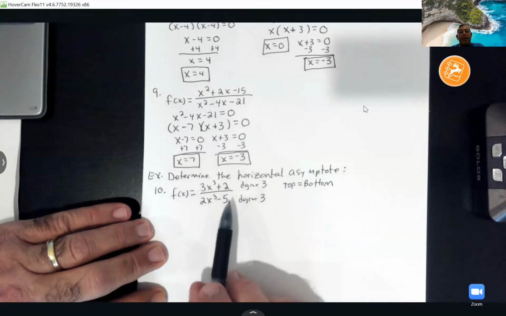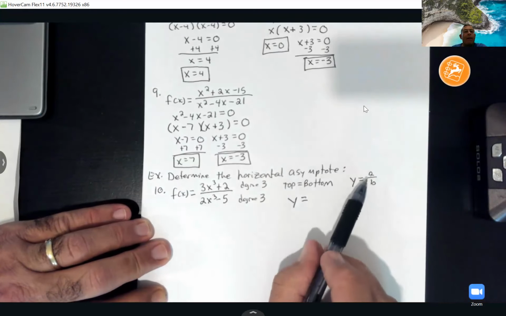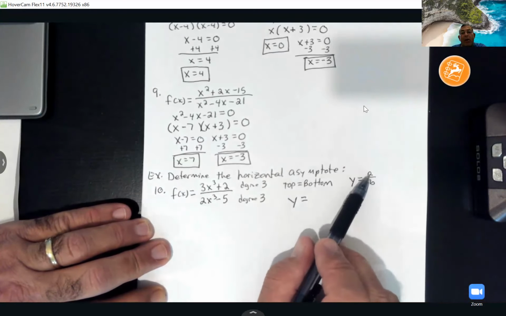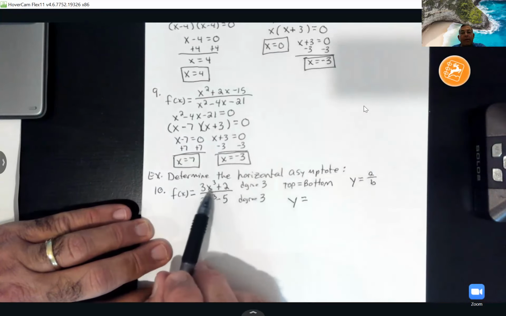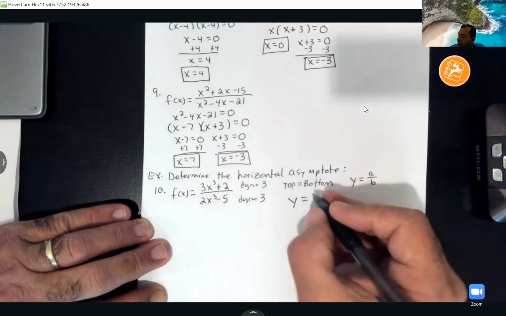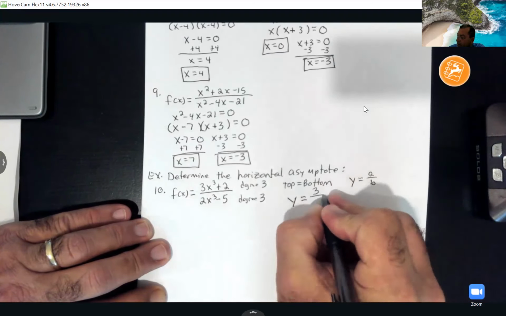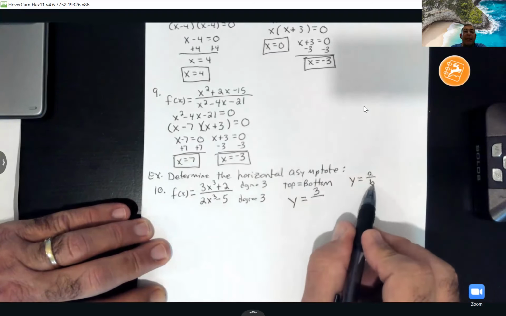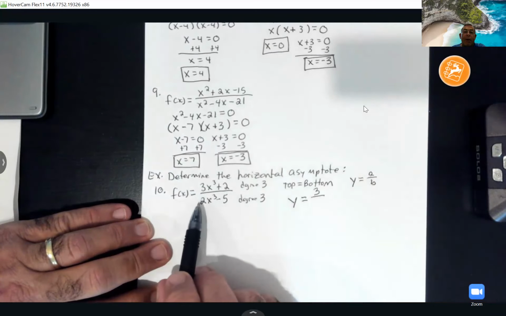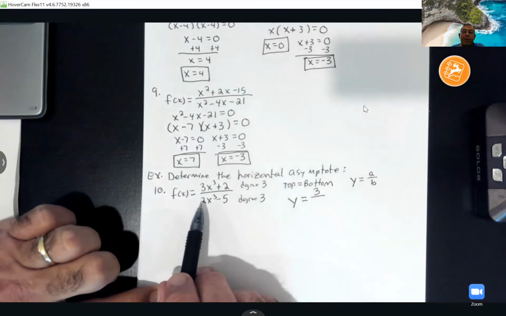Okay, so I'm following this pattern, a over b. But remember, a was the lead coefficient on top. So the lead coefficient on top is the 3. B, we said, was the lead coefficient on the bottom, which was the 2.